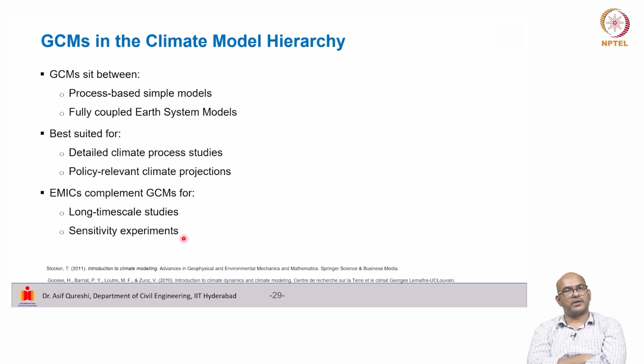The student is encouraged to explore these intermediate complexity models and GCMs as they go and learn more and more theory, more details, more mathematics of representation, and they can carry on, and hopefully they will carry on and do more experiments with climate modeling.